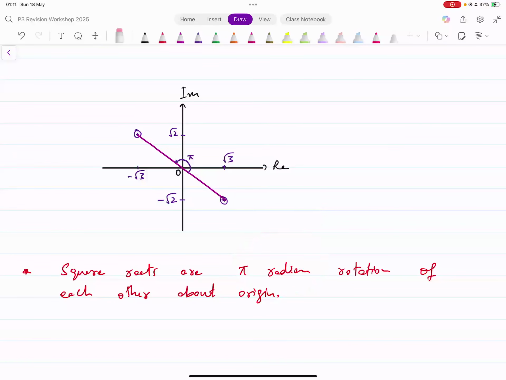It's true for real numbers as well. If you have 6 here and -6 there, square roots of 36, for instance, they are a pi radian rotation of each other. And it's true for complex numbers as well. Any two square roots of the same complex number are a pi radian rotation of each other.